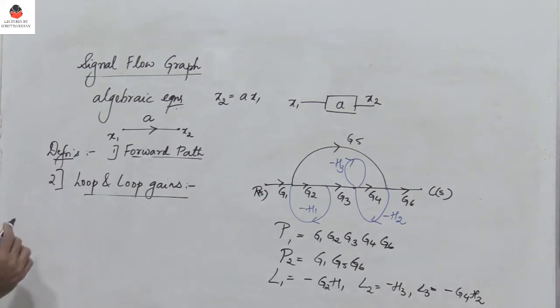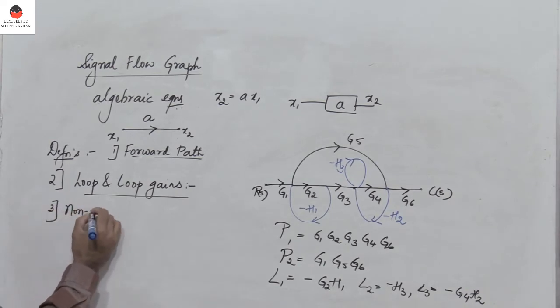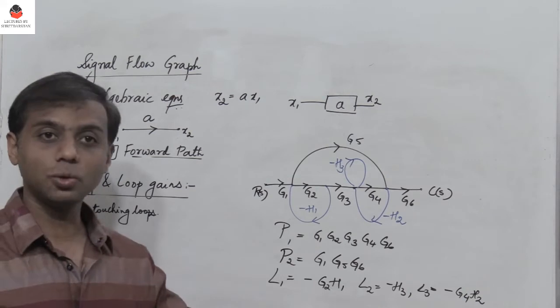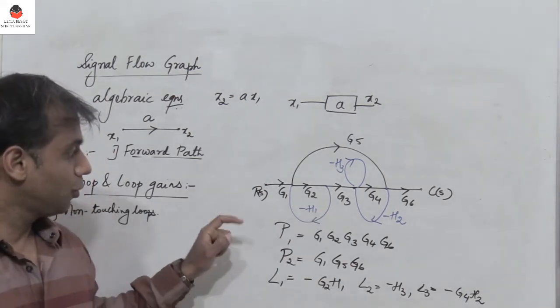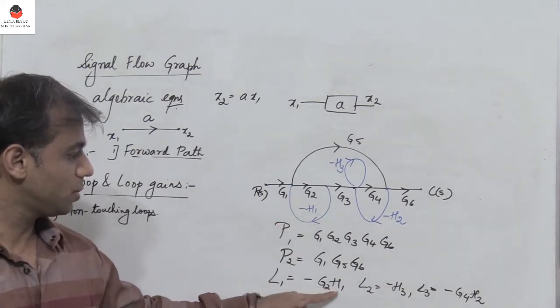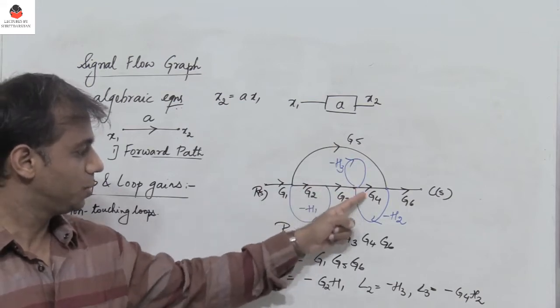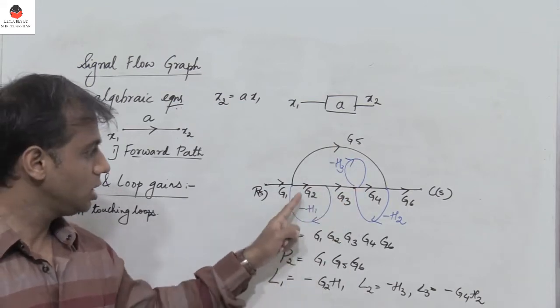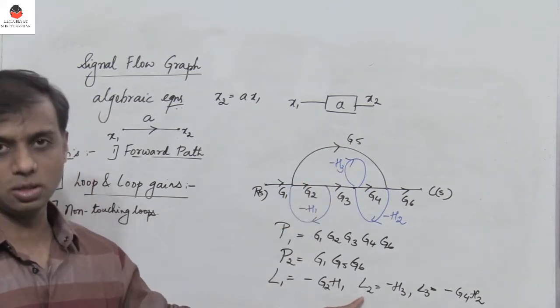The next thing we need to find is non-touching loops. Two loops are considered non-touching if they do not share any common node. For example, I have L1, which is G2 into minus H1. I have another loop here, which is L2. These two do not share any common node, so L1, L2 are two non-touching loops.